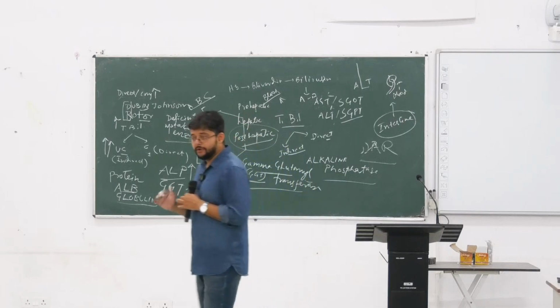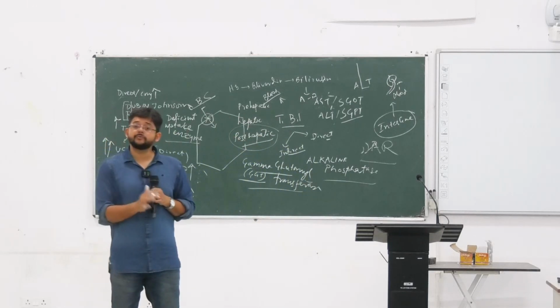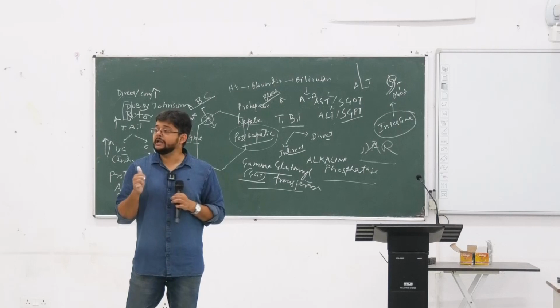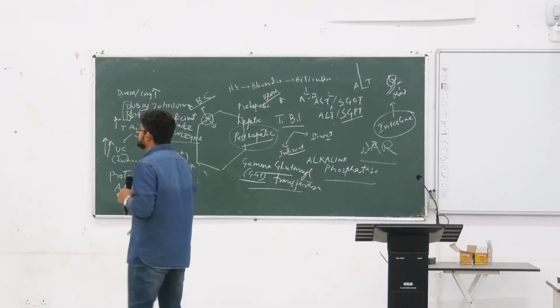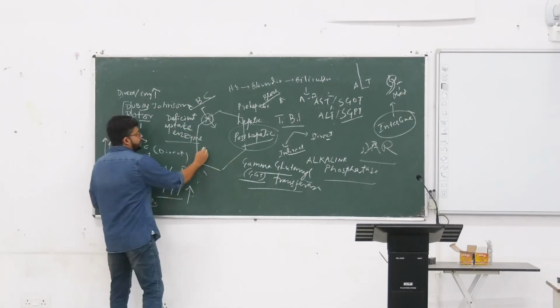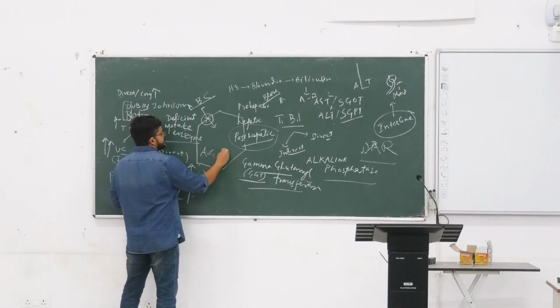Globulin, a part of globulin is formed in liver, rest is formed elsewhere. So in liver disease, normally albumin to globulin ratio is 1.